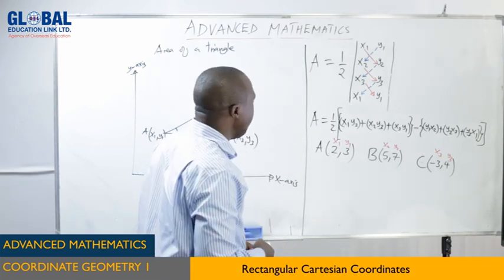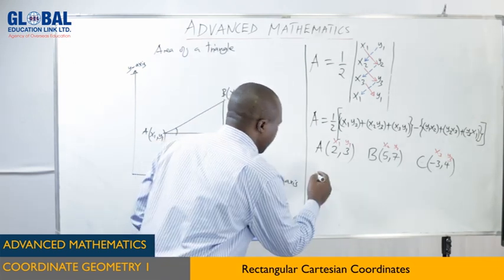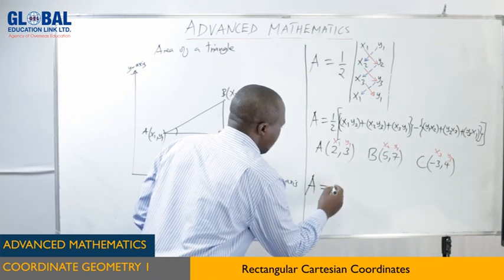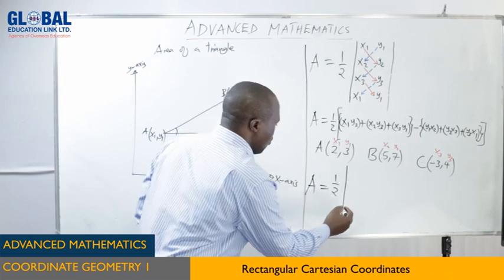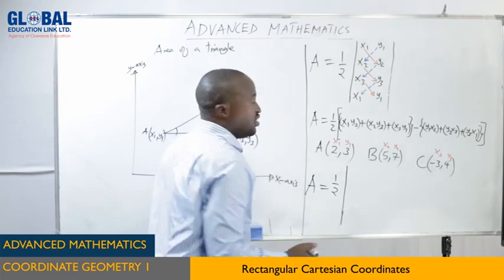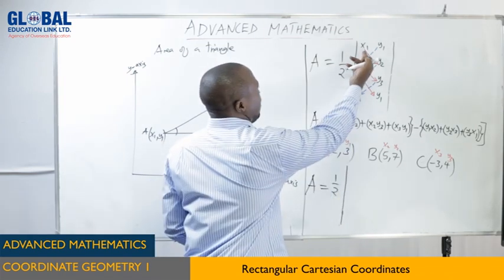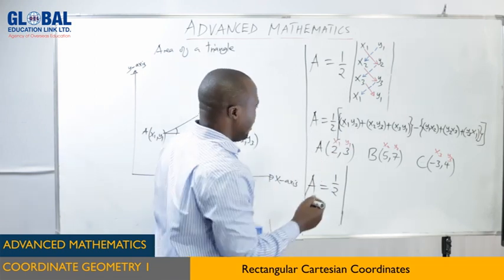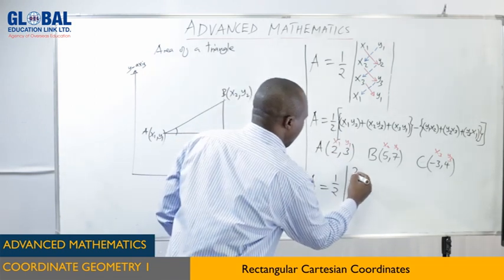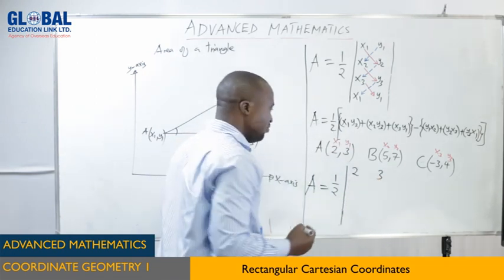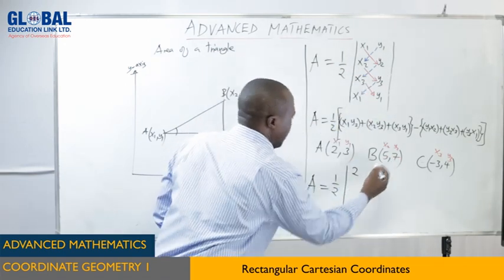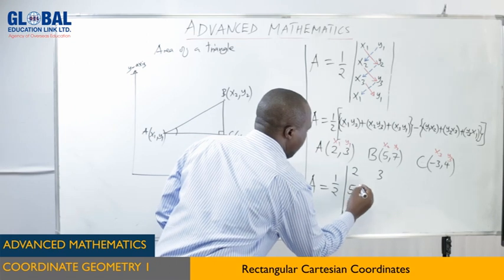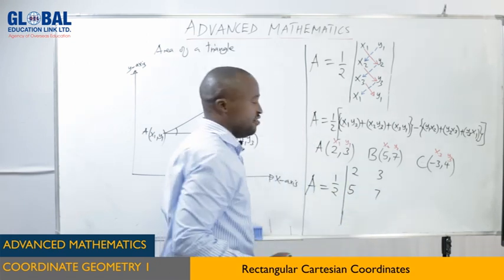So we are going to have the area now, that is A, equal to a half determinant of, then remember we start with x1, y1. So x1, y1, we have 2 and 3. The second one, x2, y2, that is 5 and 7.